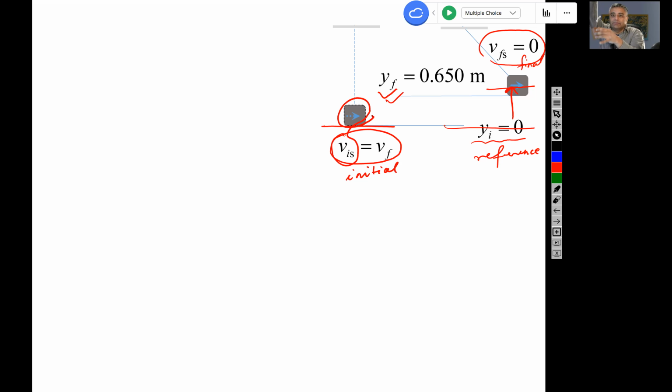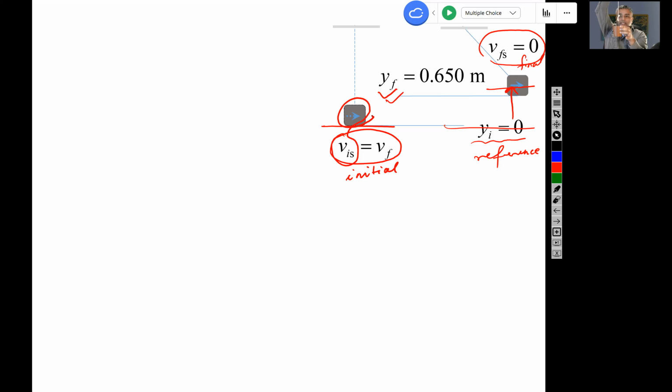That's the final portion of the collision, and we said that's the final speed. That final speed, VF, is the final speed for the collision. After collision, what happens? It swings and goes to a height.